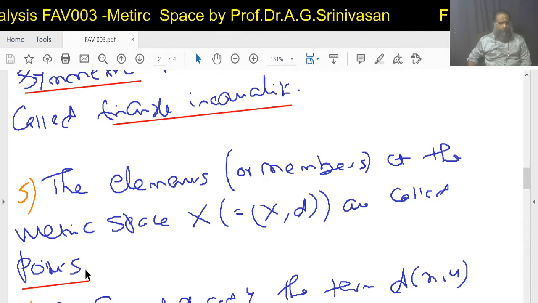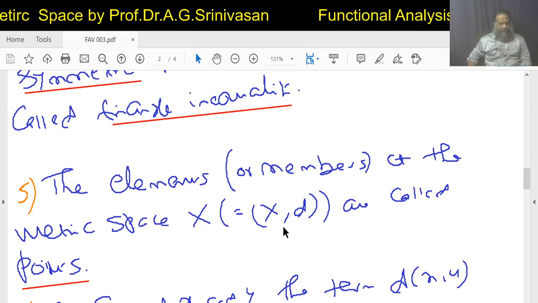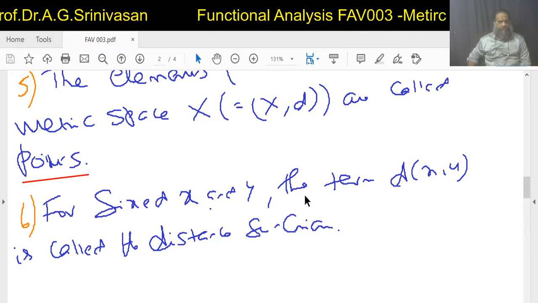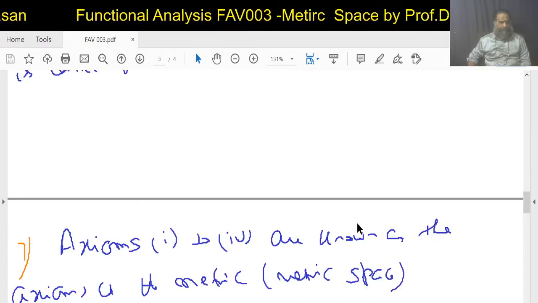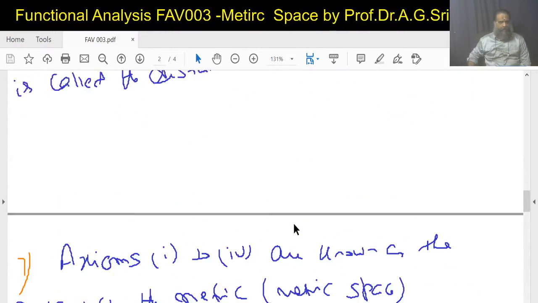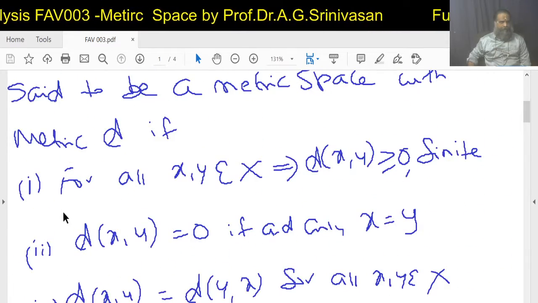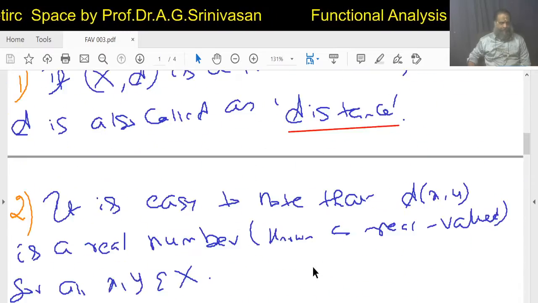For fixed x and y, the term D of x, y is called the distance. These four axioms are called the axioms of the metric space.